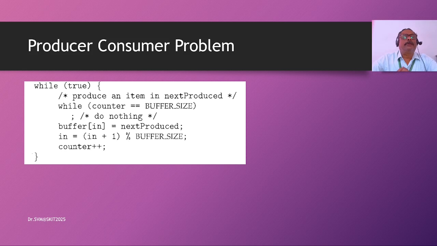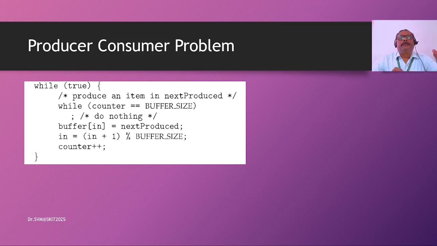So we have one process, a producer, that produces some information, and there is another process called the consumer that consumes that information. The producer should write the information onto the shared memory, which we call a buffer, and this buffer is allowed to be used by both processes, producer as well as consumer.